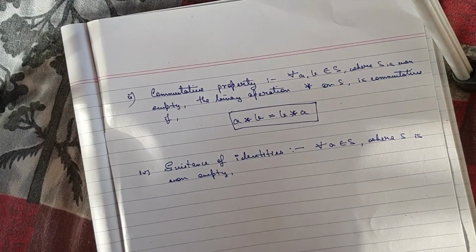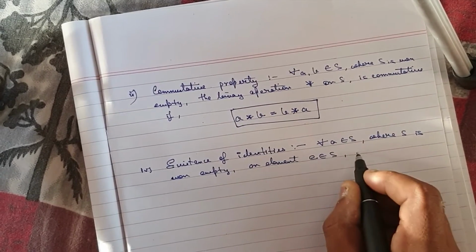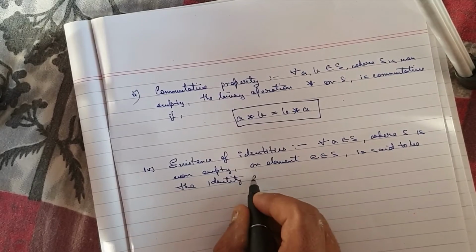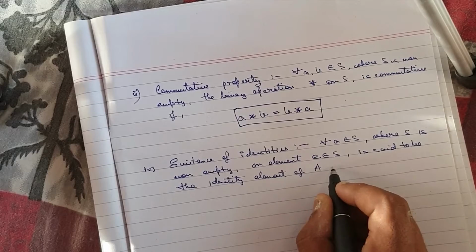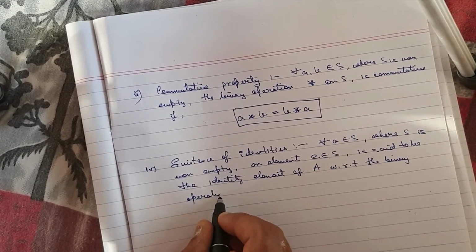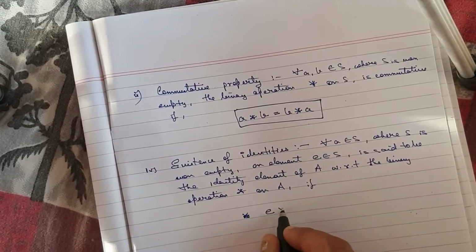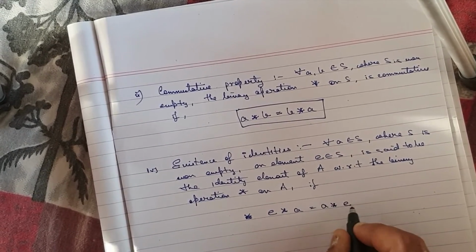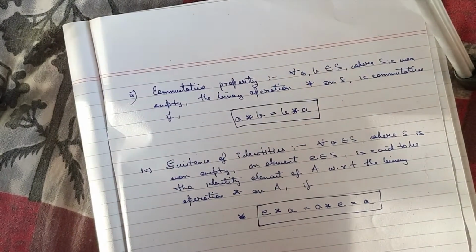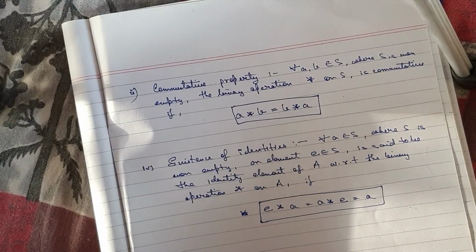For all A belonging to S, where S is non-empty, an element E belonging to S is said to be the identity element of A with respect to the binary operation star on A if E star A is equal to A star E is equal to A. If this condition is maintained for all A belonging to S, where S is a non-empty set, then E is said to be the identity element with respect to the binary operation star on the set A.